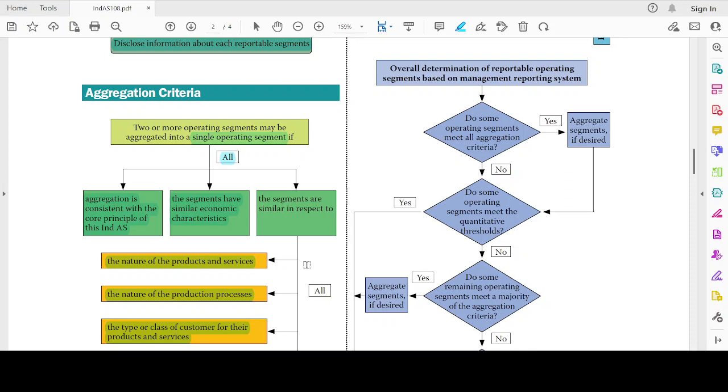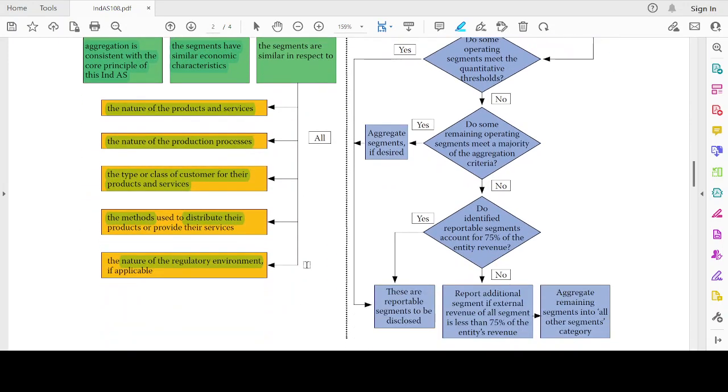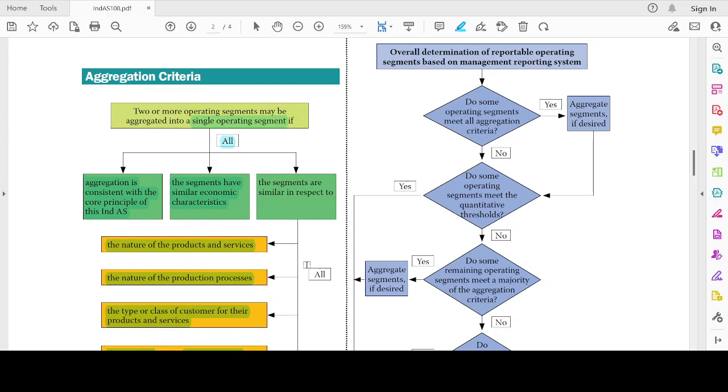For example, all the branches are in the Indian economy, so they have a similar economic environment. Third, the segments are similar. Similar means the same type in respect of the nature of products and services, the nature of production process, the type or class of customers being dealt with, the methods of distribution, and the nature of the regulatory environment in which it is operating. These are the things to be considered when applying the aggregation criteria.